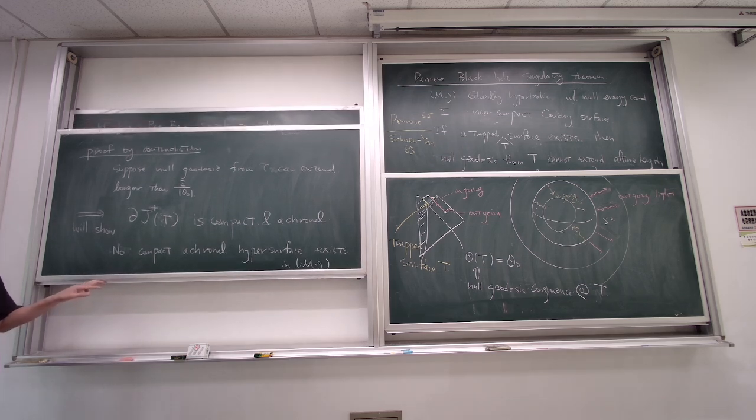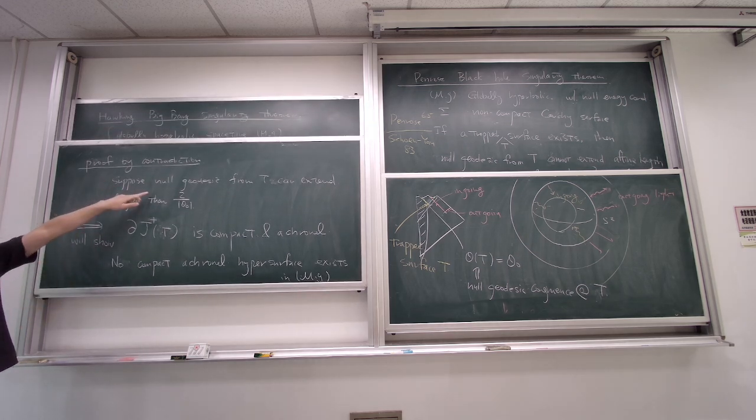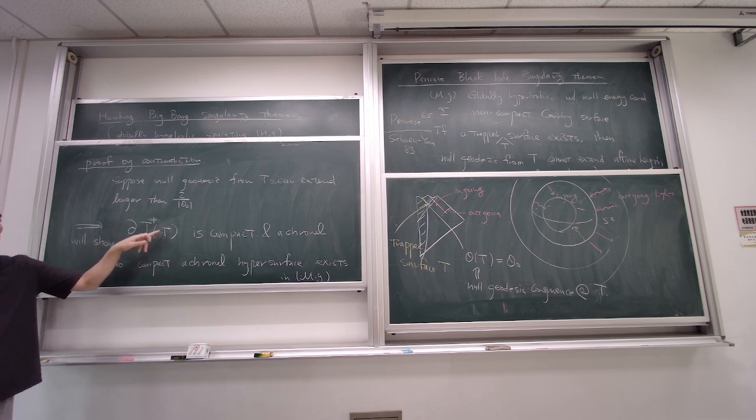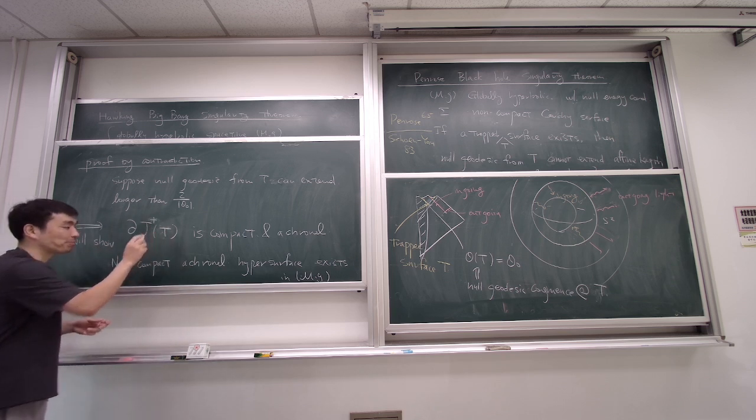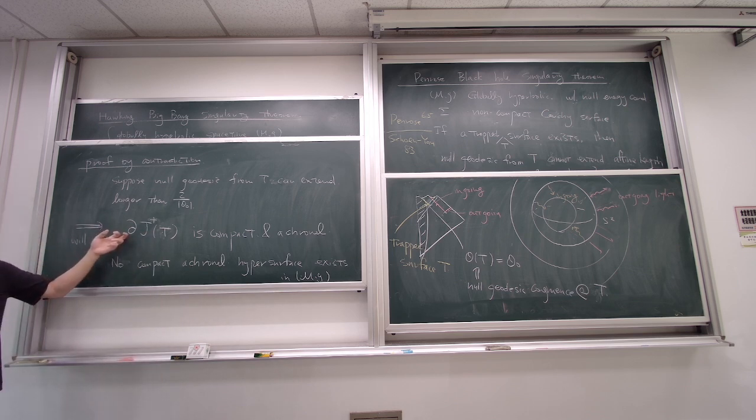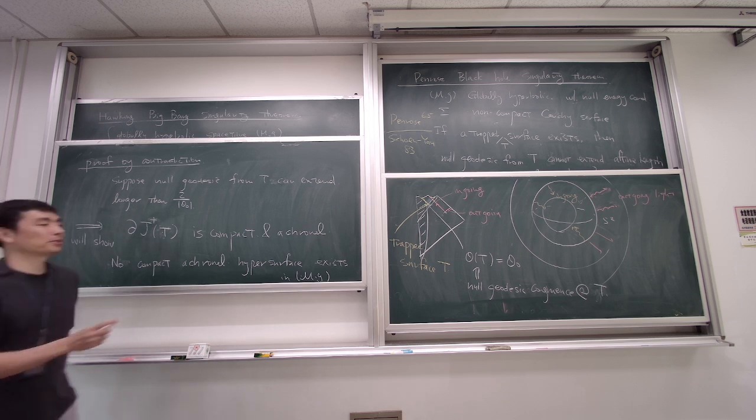So first we assume that there is a null geodesic from T longer than 2 over theta 0. We show that the boundary of this, what is it called, I don't remember the terminology, the causal future J plus of T, is in fact a compact achronal hypersurface.